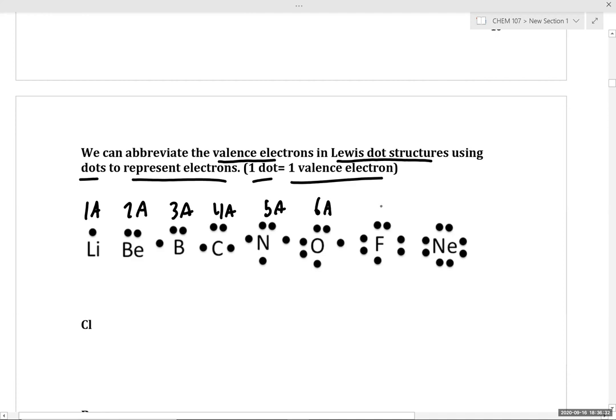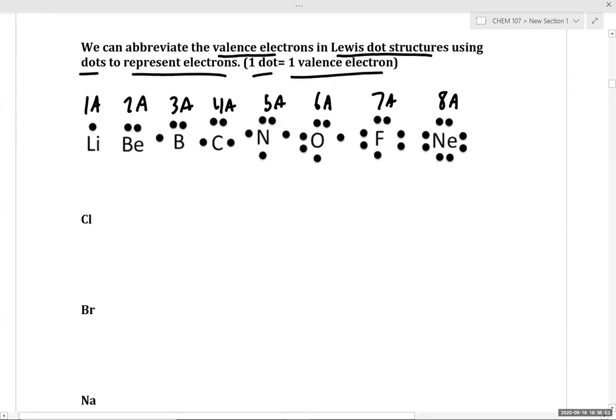Now, the beautiful thing about this list is that as elements in the same group have the same number of valence electrons, this line of 8 different Lewis dot structures describes all of the main group elements that you'll encounter.